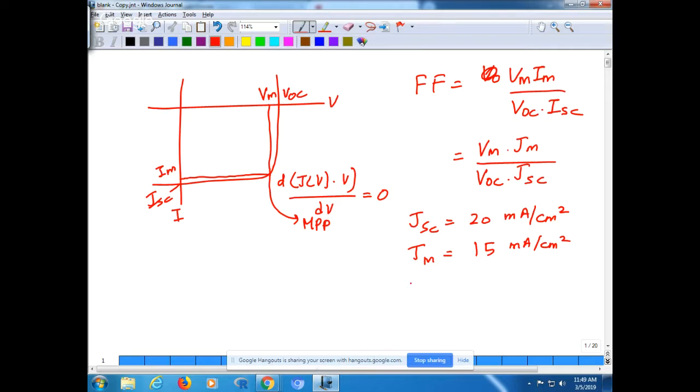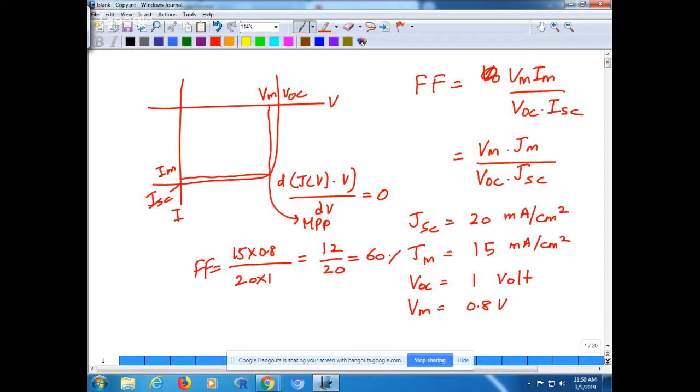Similarly, let's say VOC is 1 volt, and VM is 0.8 volt. So fill factor would be equal to 15 into 0.8 divided by 20 into 1, which is equal to 12 divided by 20. So you can say 0.6 or 60%. So basically, you are drawing only 60% of the theoretical power that can be available from a solar cell. So this is the meaning of fill factor.